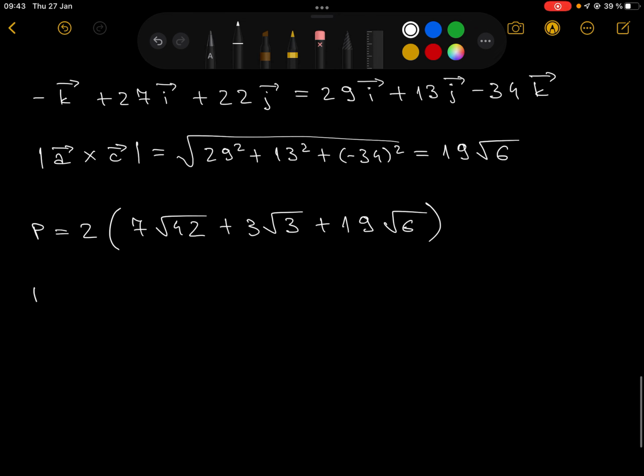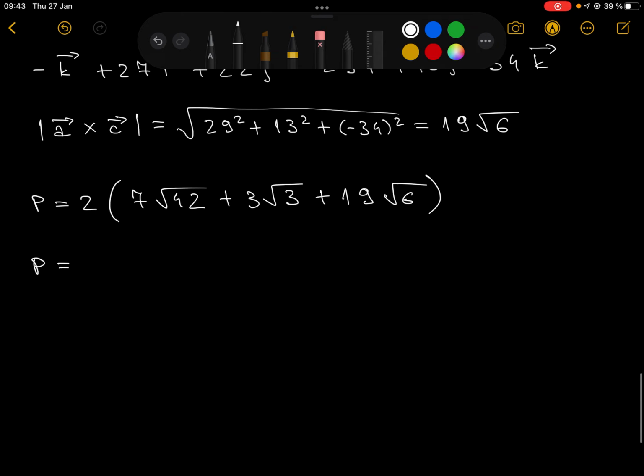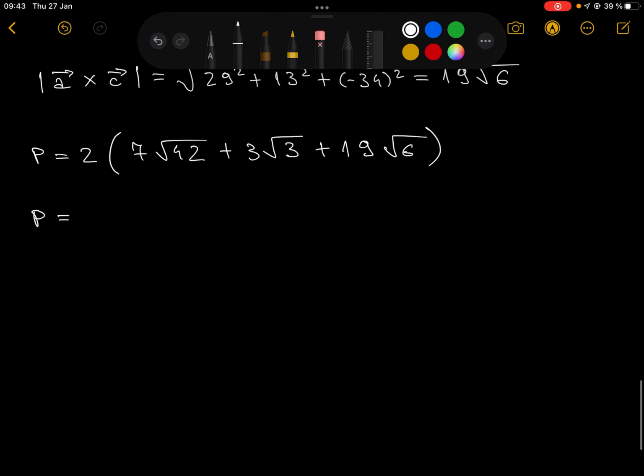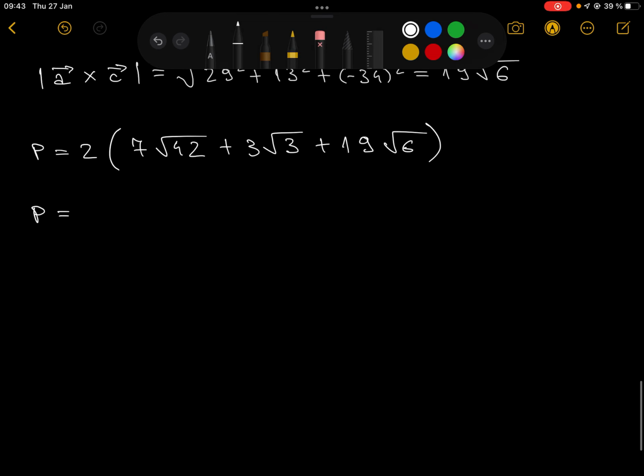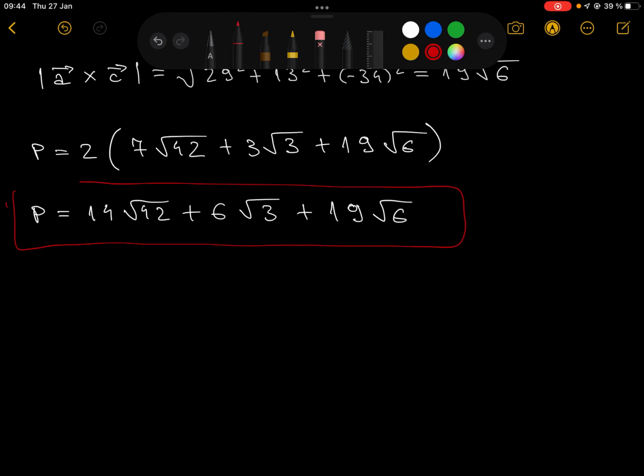Okay, and of course, once we do some grouping, 2 times 7 square roots of 42 plus 3 root 3 plus 19 root 6 will give us exactly 14 roots of 42 plus 6 roots of 3 plus 19 roots of 6, and that is the exact answer.